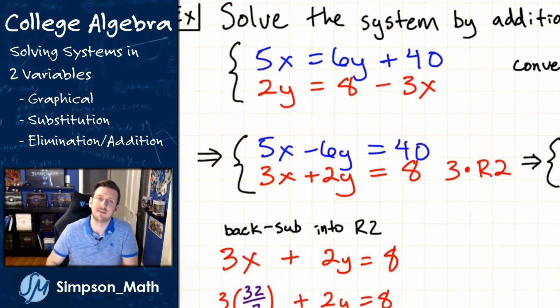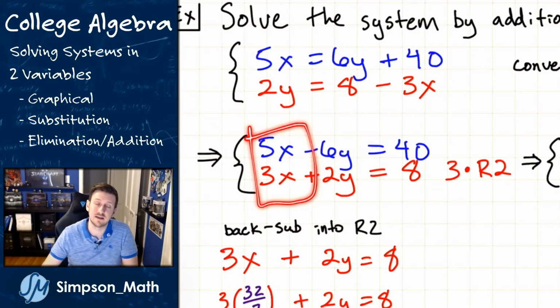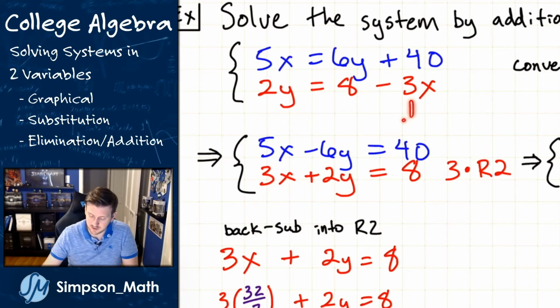Okay, so now we need to determine which variable is easiest to eliminate. The thinking behind this is a little bit like common denominator math. It's the least common multiple, but we have an extra thing to think about, which is making sure that the signs are opposite. If I was to try to eliminate the x's, think about 1/5 plus 1/3.